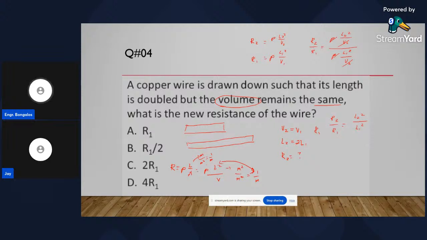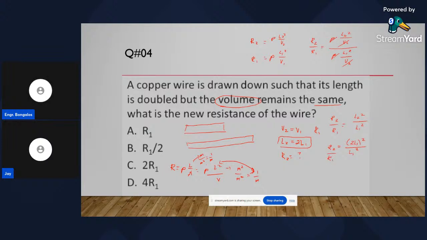Pero take note that si L2 natin, sabi natin is equal siya kay 2L1. So, R2 over R1 is equal to 2L1 squared over L1 squared.